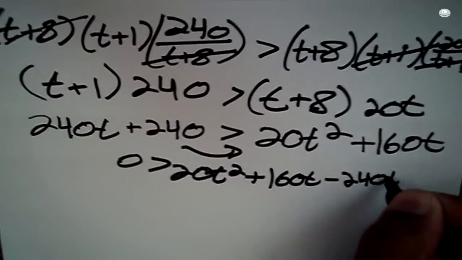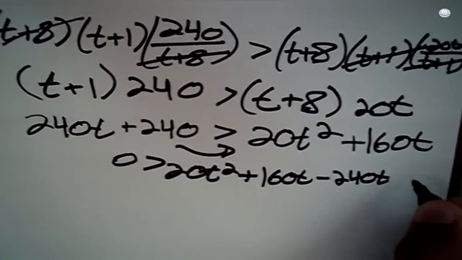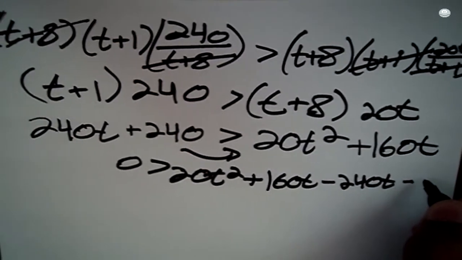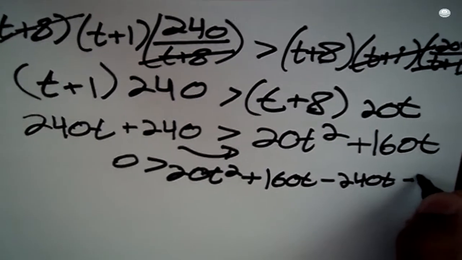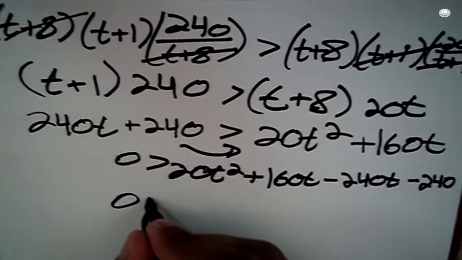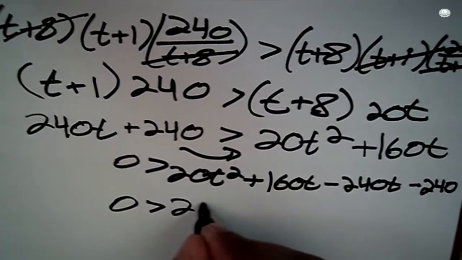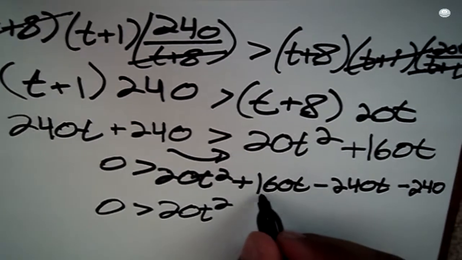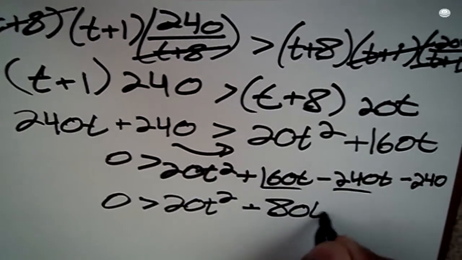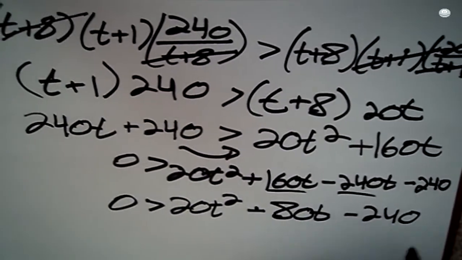Sorry about that. Next, just simplify. So subtract 160t from 240t, and I get minus 20t squared plus 80t plus 240.